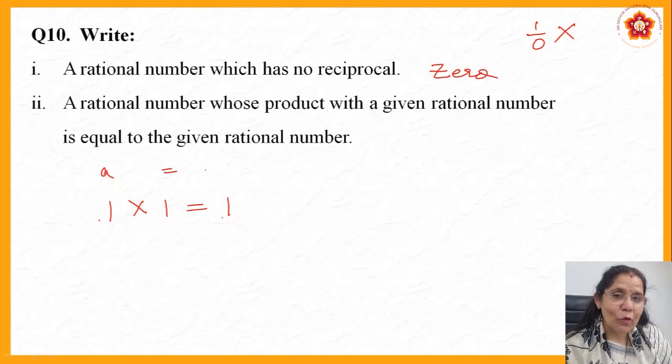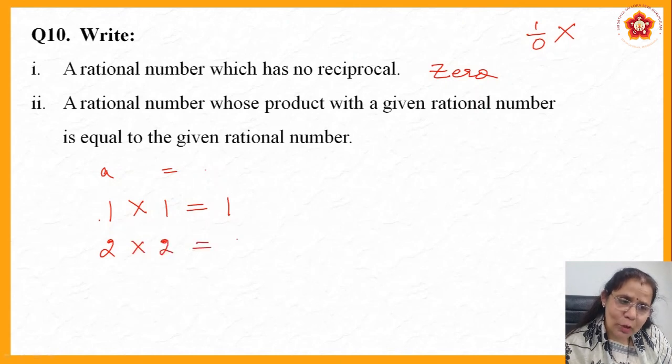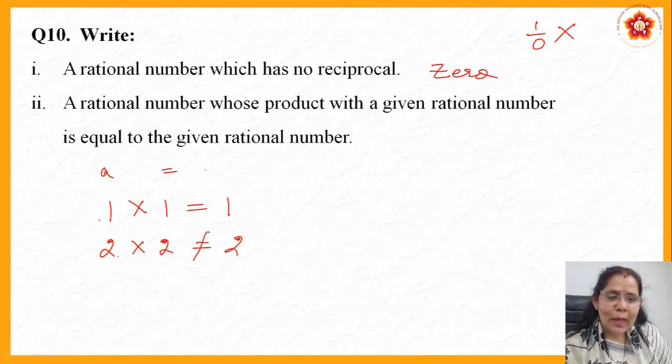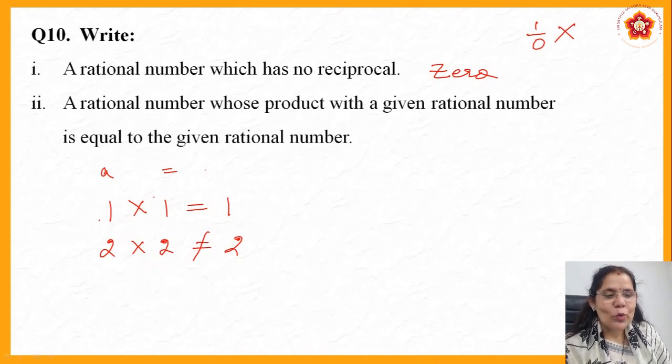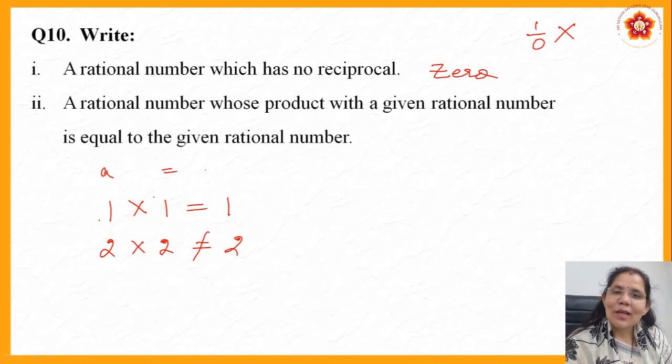Is this applicable for any other number? If you take 2 multiplied by 2, is it equal to 2? No. For any other number it will not hold true. It is only for 1. So a rational number whose product with a given rational number is equal to the given rational number.